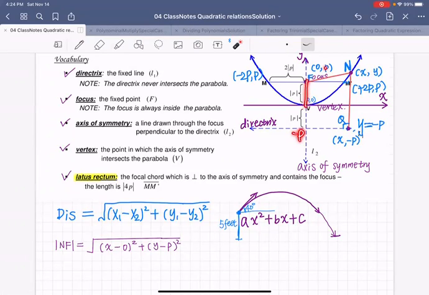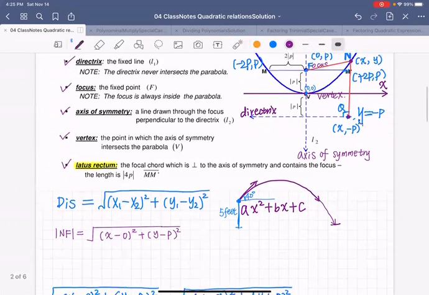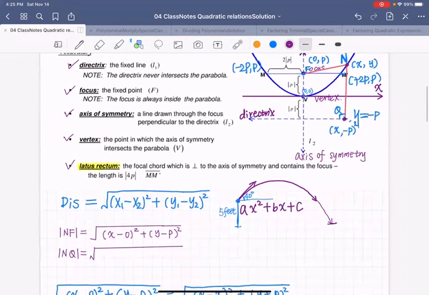This is positive P, this is negative P. So your NQ, the distance, NQ equals, you want to get your X minus X, right?